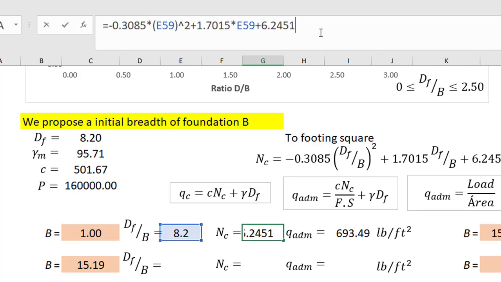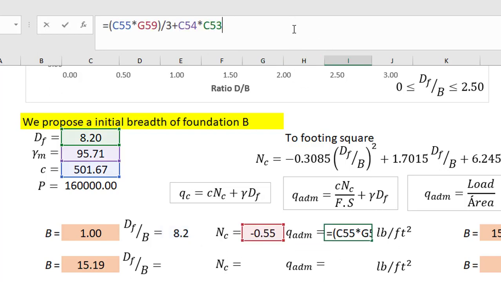In this one, it's okay, and in this one, we want to fix all values except NC.